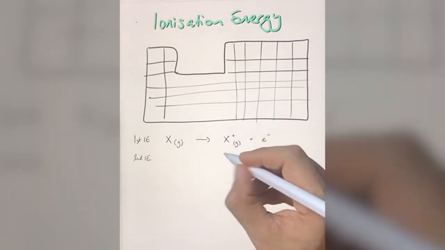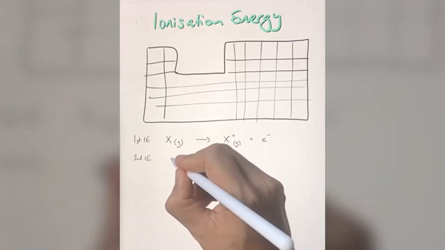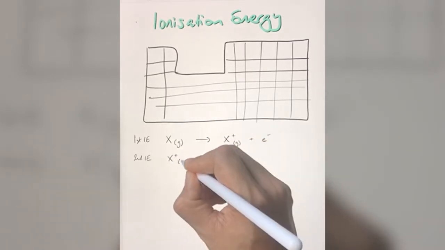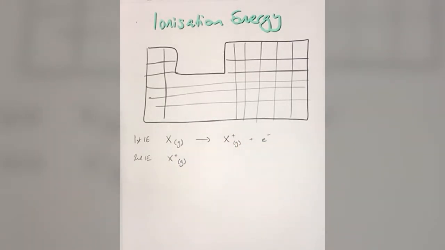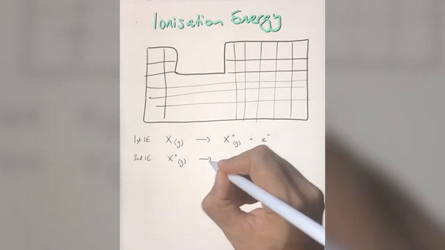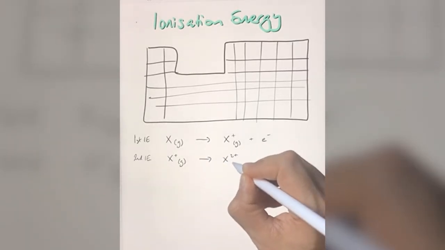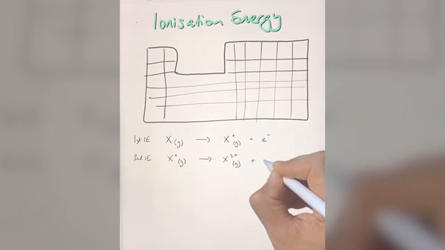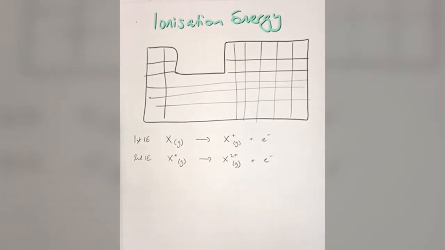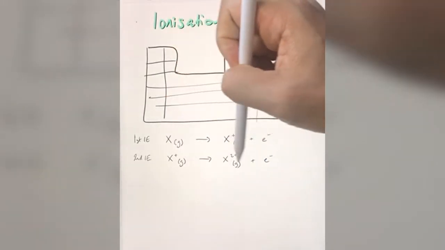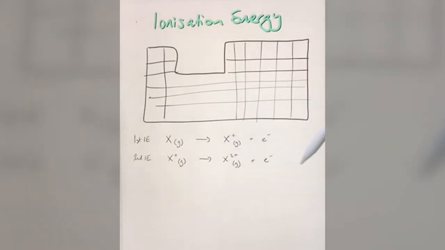So with a second ionization energy, we start with 1 mole of gaseous positive 1 ions, and it's going to make 1 mole of gaseous 2+ ions plus 1 mole of electrons. So don't make the mistake of going from the atom to the 2+ ions straight and removing 2 electrons. Each time we're just removing 1 mole of electrons.